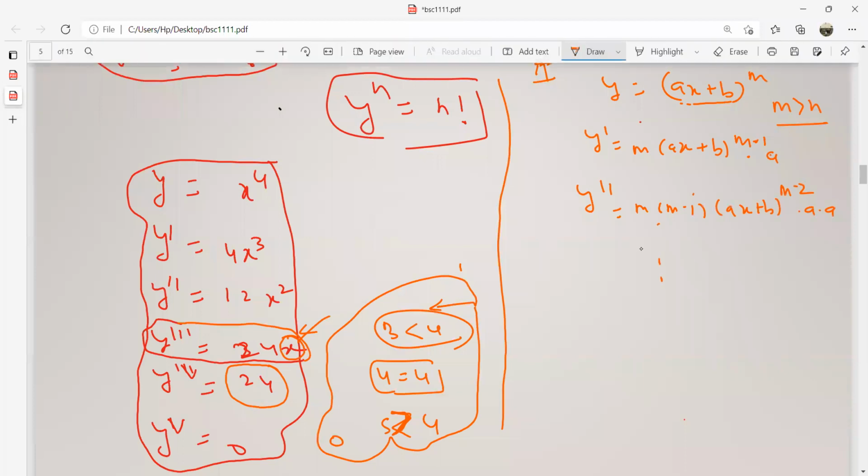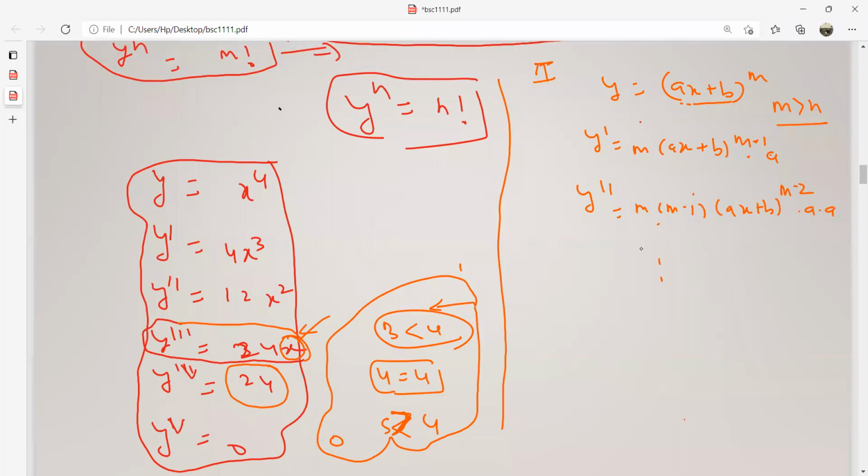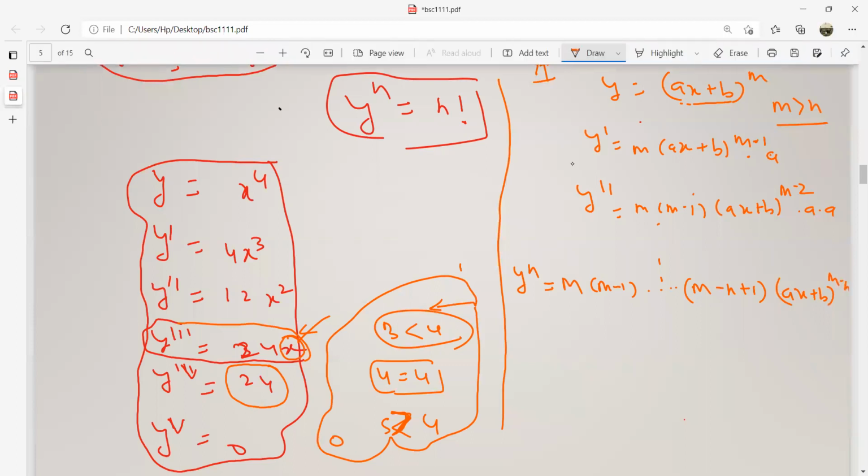In the same process, if you differentiate this function n times, y to the power n, what you find is m into m minus 1 and so on, up to m minus n plus 1, and the power of this function (ax plus b) to the power m minus n, into a to the power n.